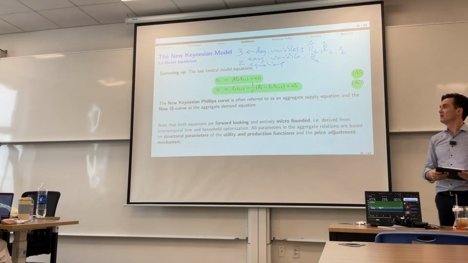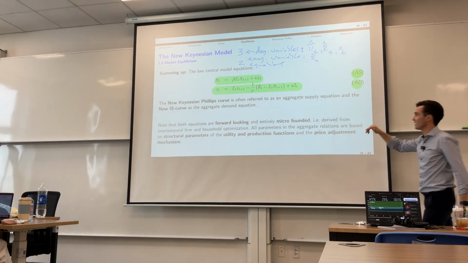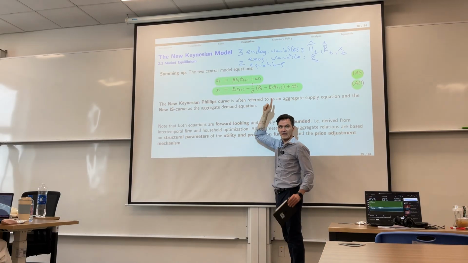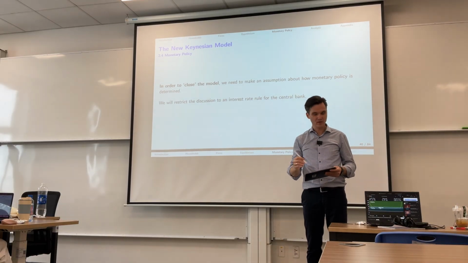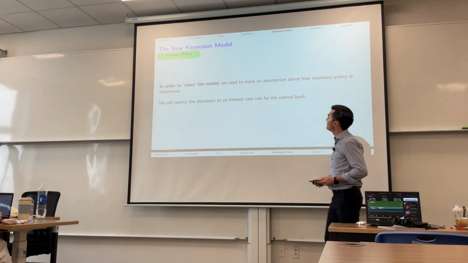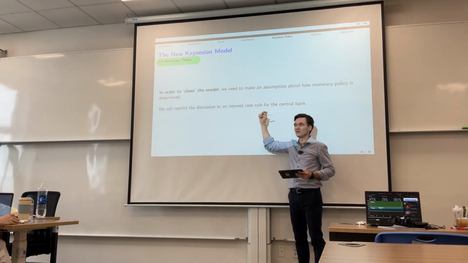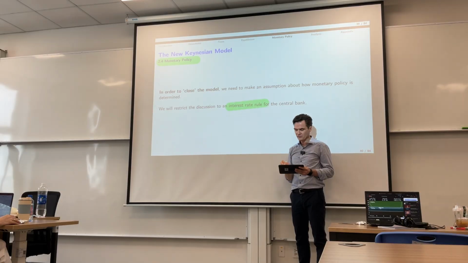Now you can think about finding optimal monetary policy. We have done that with Alexander Meyer-Gohde, trying to find the optimal way for the central bank to react. Another way in this literature is to think about monetary policy as more rule-based. So to close the model and get to that third equation, we're going to use an interest rate rule.